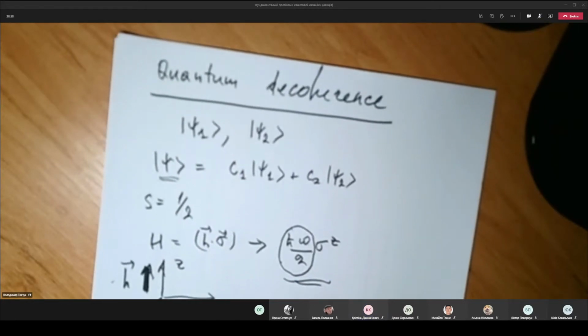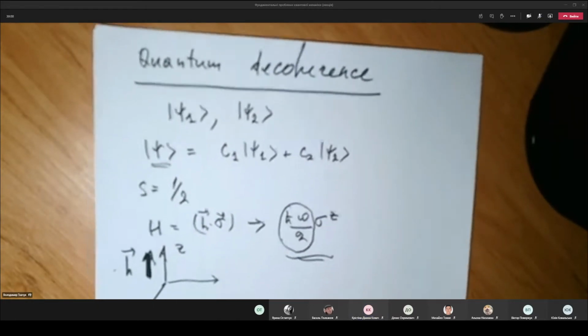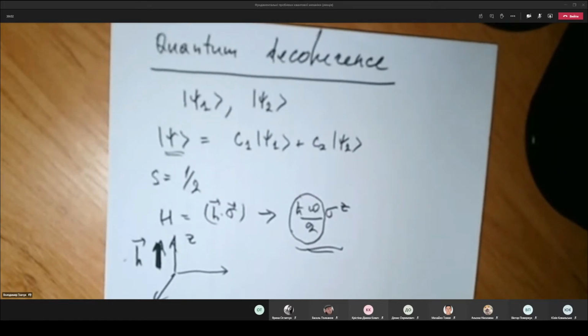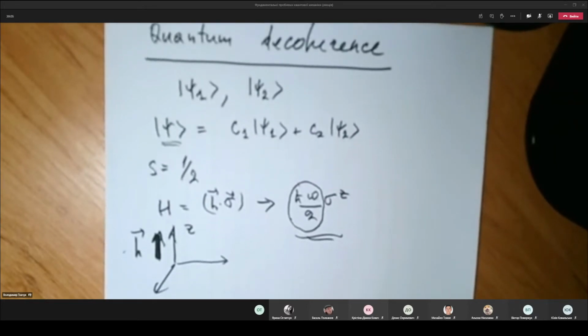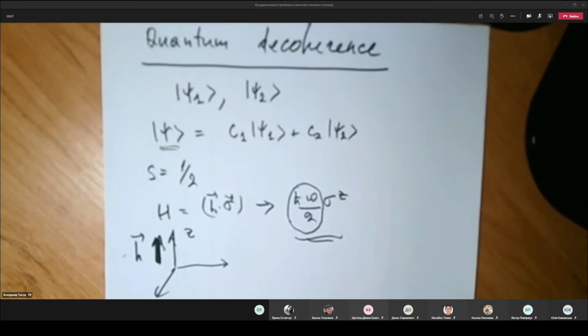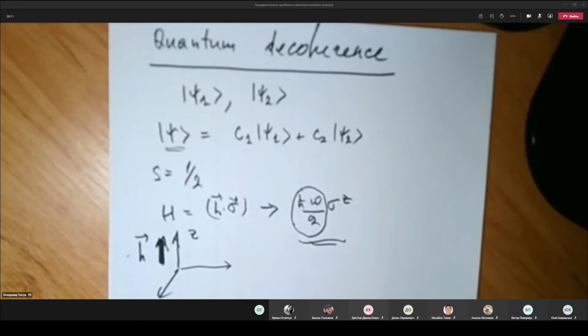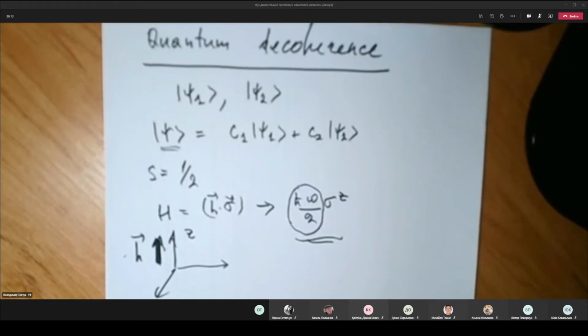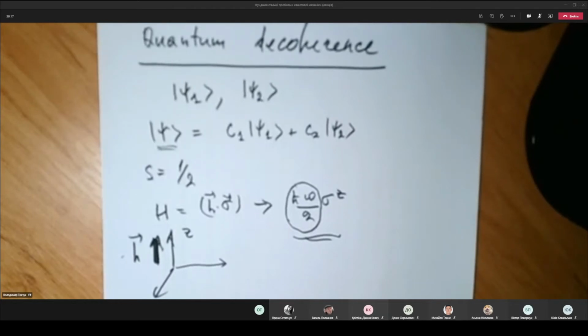So now let us consider a set of spins in a magnetic field. Suppose we have the first spin in a magnetic field, the second spin in a magnetic field, and so on. And each spin interacts with the same magnetic field.